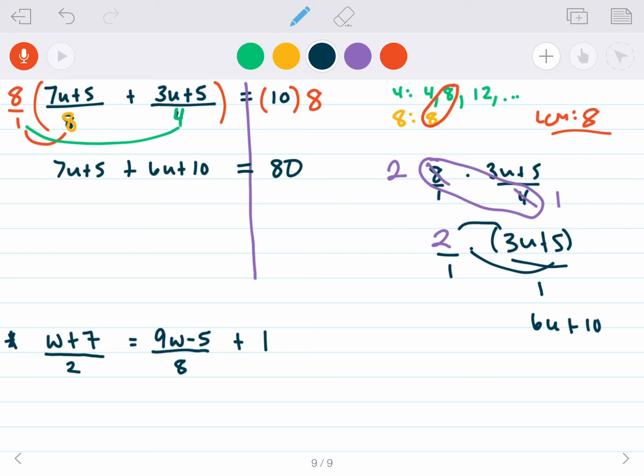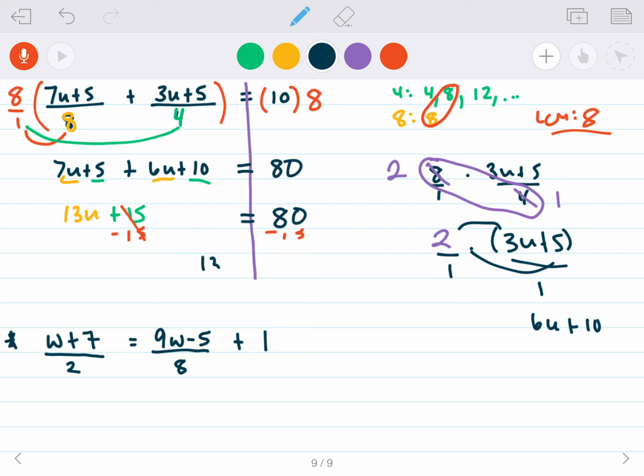Now on the left side, I have some like terms to combine. I have some constant terms, and I have some variable terms with u. So for the u's, 7u and 6u make 13u, and 5 and 10 make 15. Okay. So on the left side, to get u by itself, I'm going to subtract 15 from both sides first.